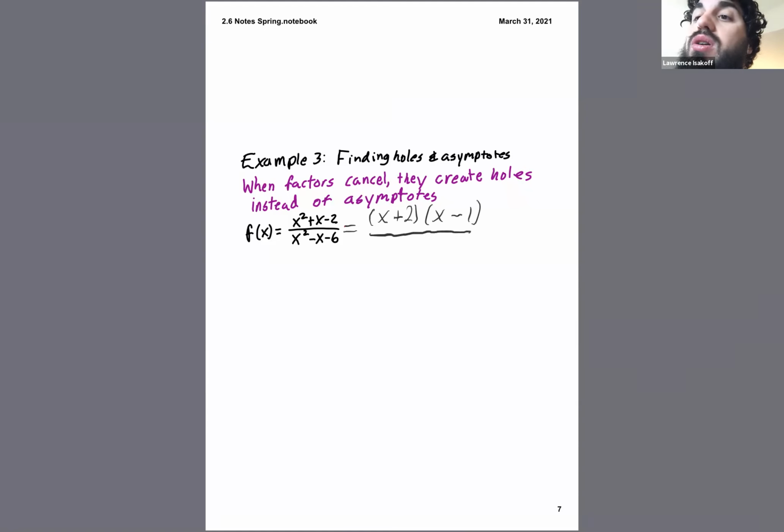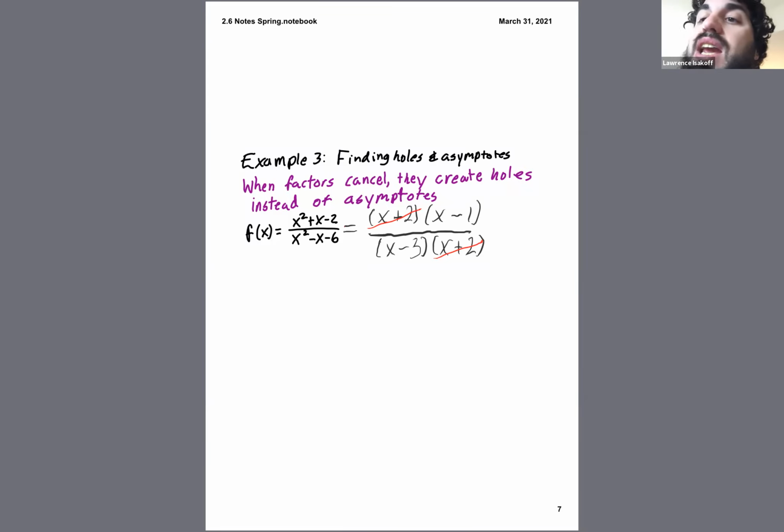All over, we know this factors to x minus 3 times x plus 2. Now notice, an x plus 2 in both the numerator and the denominator would cancel.